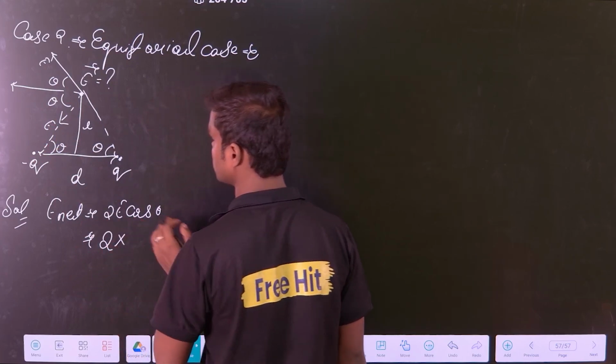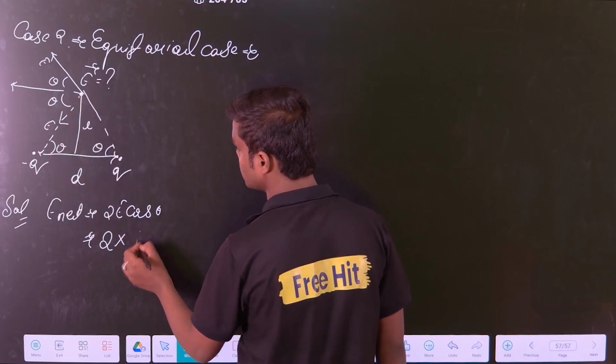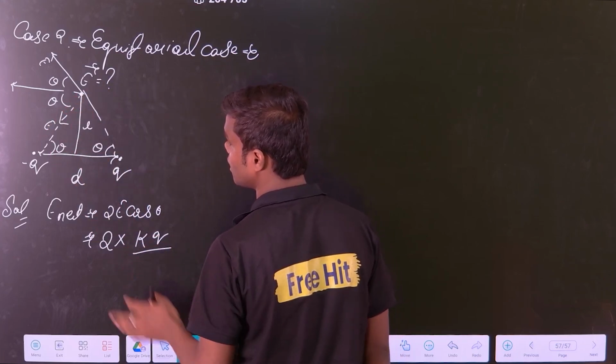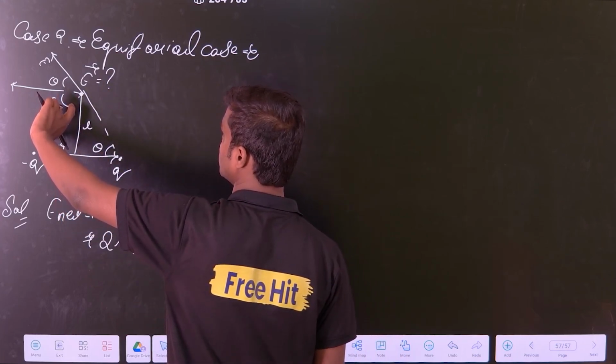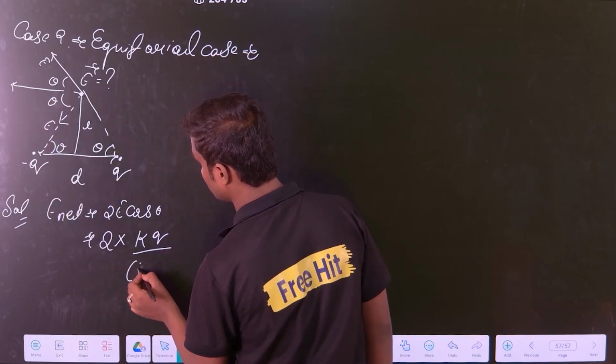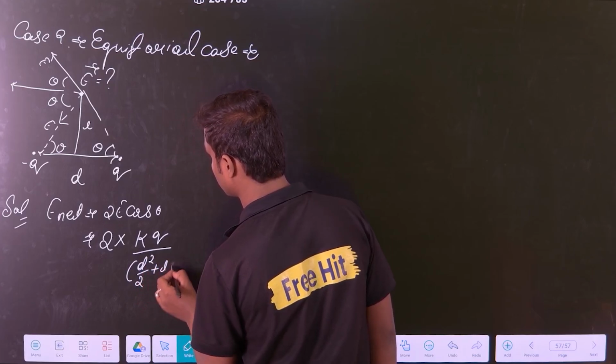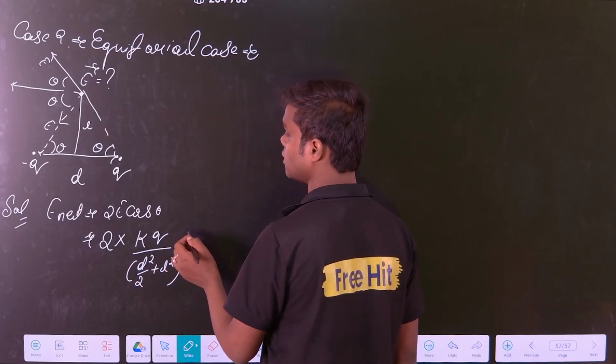Now E is how much? What is the electric field? That is KQ by r square. What is this distance? You tell me. This is d by 2 and L, so this will be the square root of, d by 2 whole square plus L square, whole square. Okay. Then cos theta is how much?